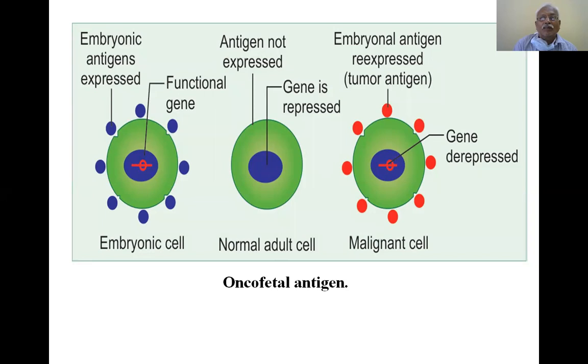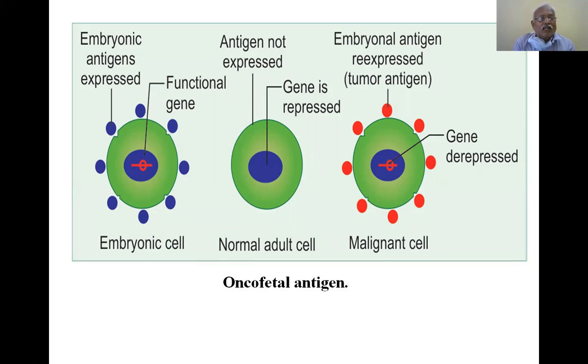But sometimes, due to bad luck, the embryonal antigen will be re-expressed. This is known as tumor antigen. So the gene will be de-repressed. That will lead to the change of malignancy. So this is known as oncofetal antigen.